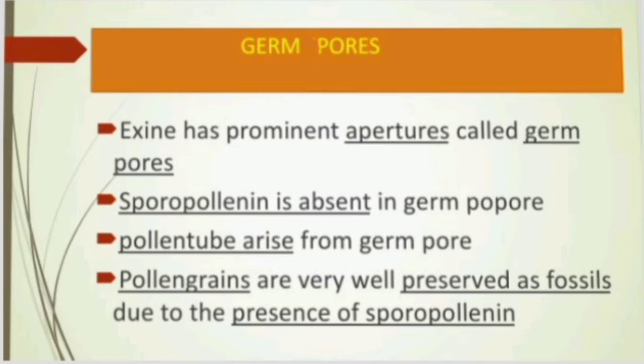That is the ultimate function of the pollen tube, and it arises from the germ pores. And in the germ pore there is no presence of sporopollenin. That means sporopollenin is absent in the germ pore, and due to the presence of sporopollenin alone, the pollen grains become preserved as fossils.